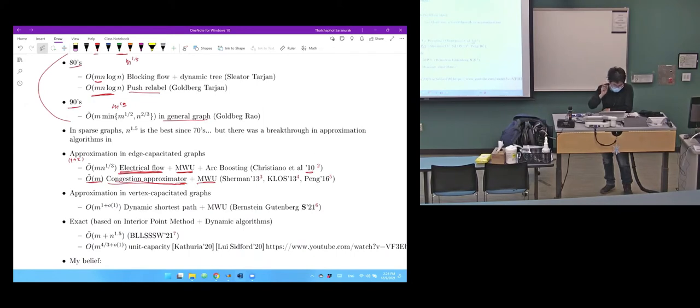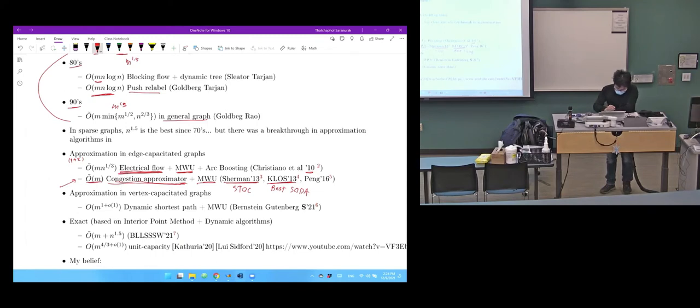By the way, although this is remarkable and super exciting, by that time these two papers were shown almost simultaneously. This got the best paper at SODA, and this is STOC or something, not sure.